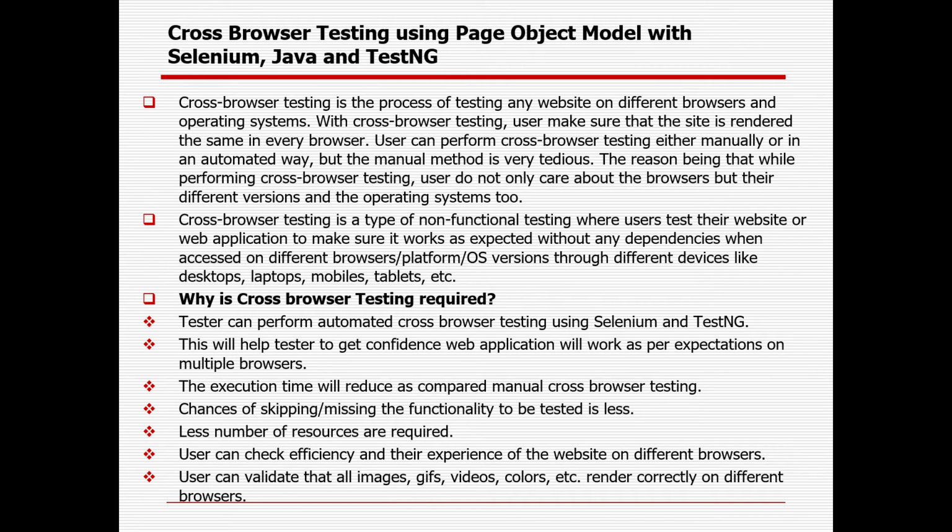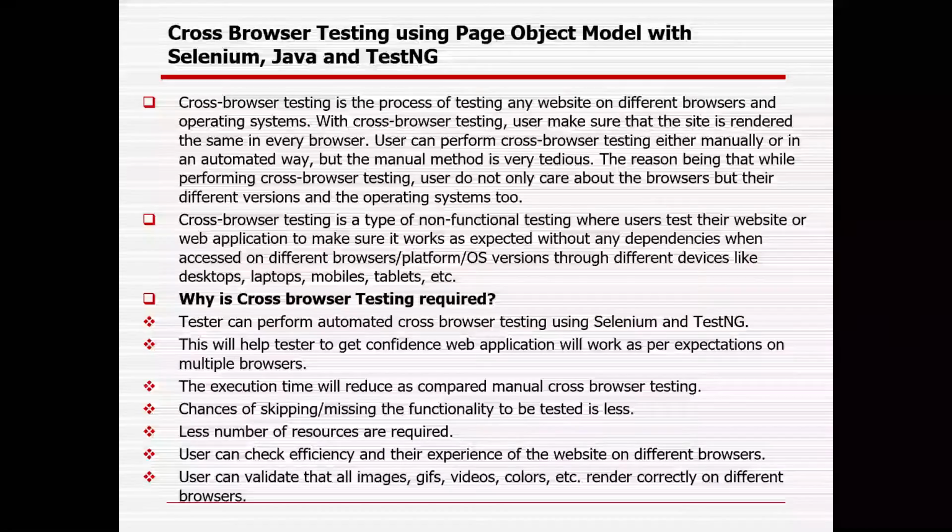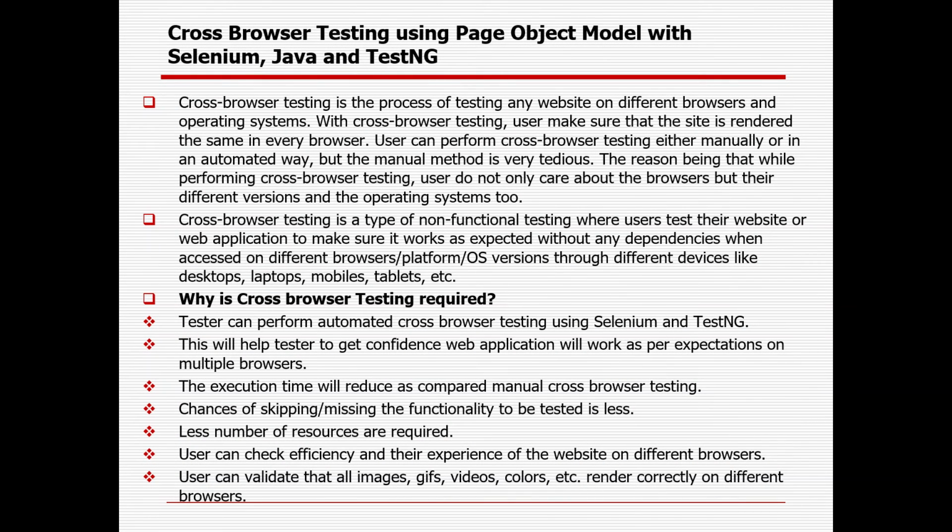The reason being that while performing cross-browser testing, users do not only care about the browser but their different version and operating system too. Cross-browser testing is a type of non-functional testing where user tests their website or web application to make sure it works as expected without any dependencies when accessed on different browser platform or operating system version through different devices like desktop, laptop, mobile, tablet, etc.